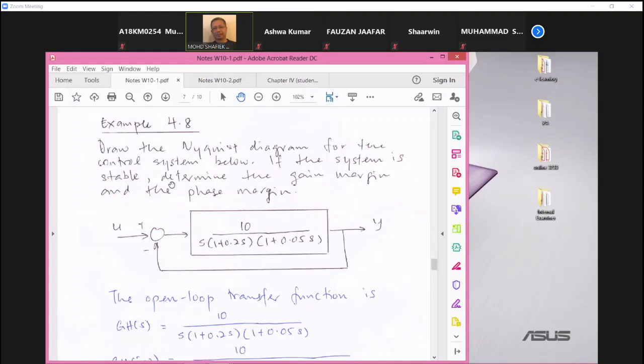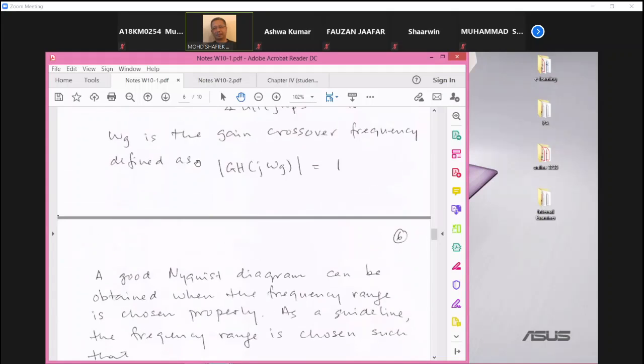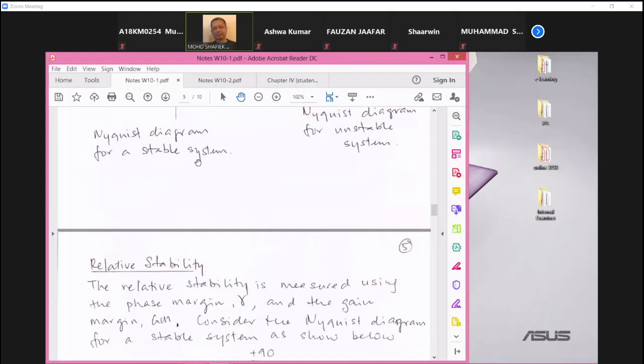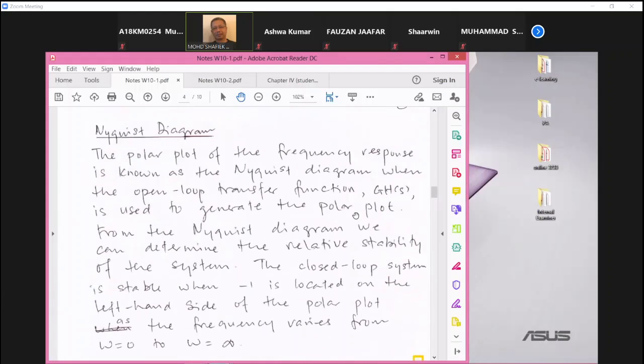So what do you need to do to draw the Nyquist diagram? You need to extract the open loop transfer function. That is your first job. You need to obtain the open loop transfer function, which is GH of S. Remember that.